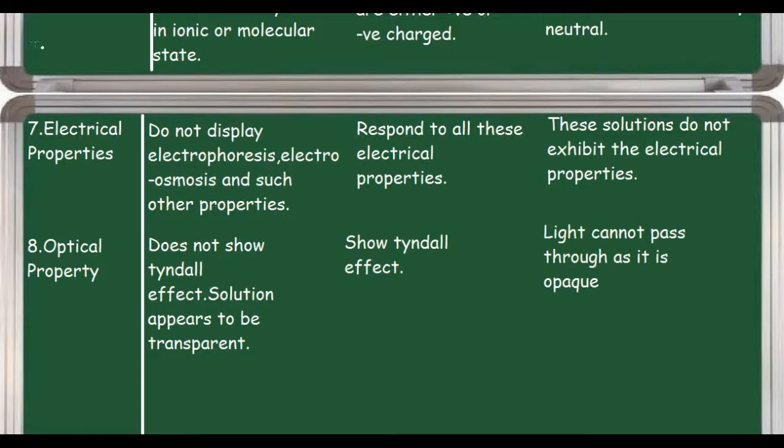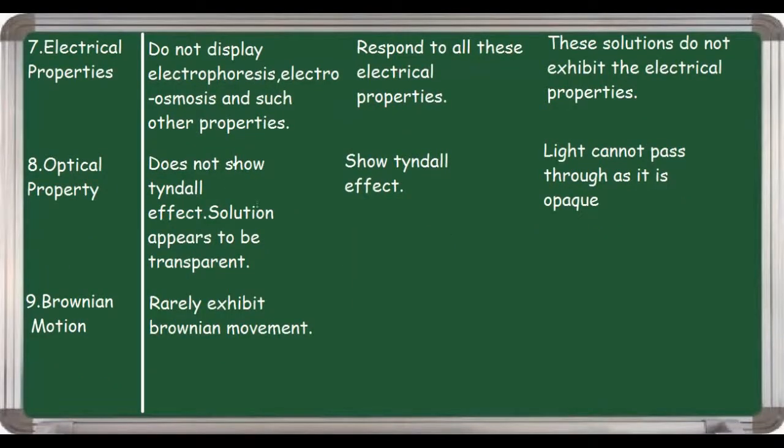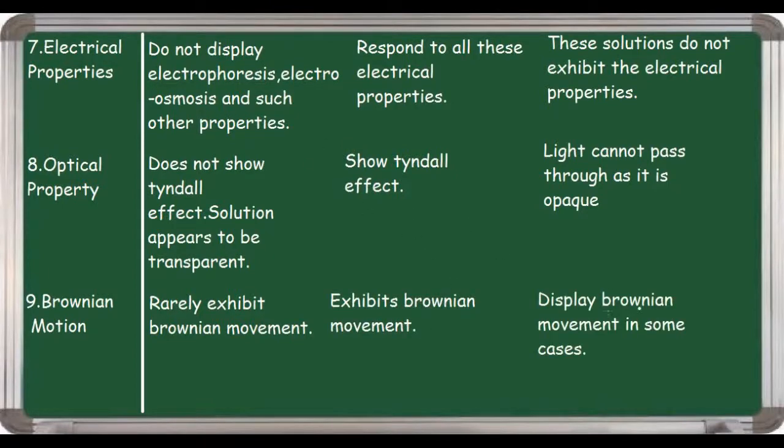The ninth point is on the basis of Brownian motion. True solutions rarely exhibit Brownian movement. Colloids exhibit Brownian movement, and suspensions display Brownian movement in some cases. The last point will be on the basis of the color.